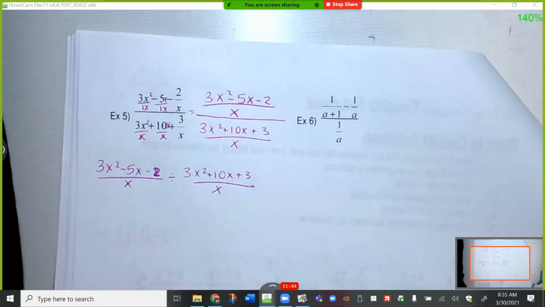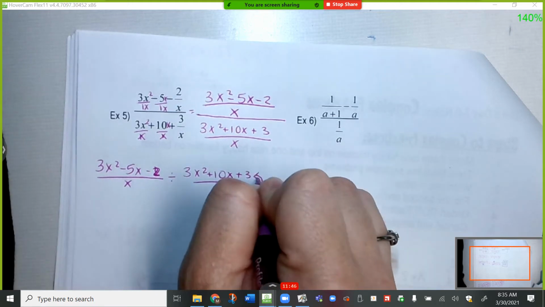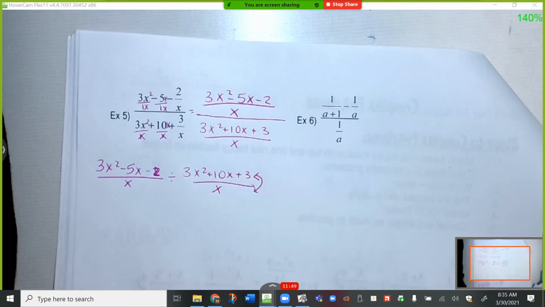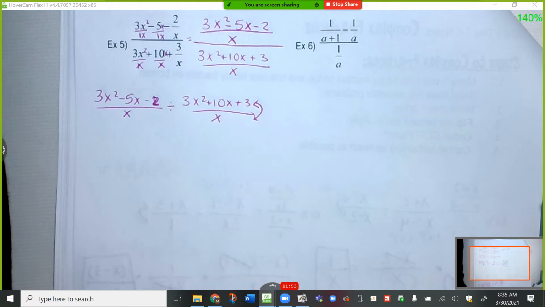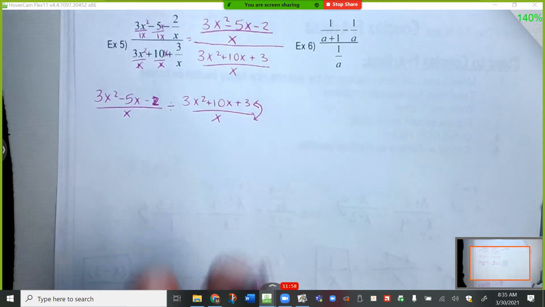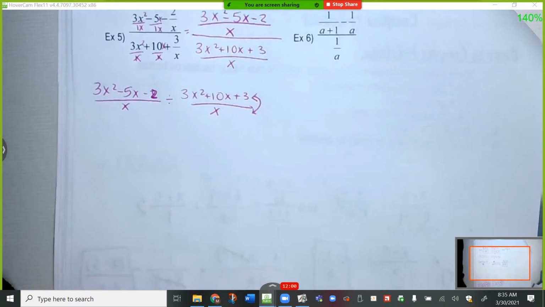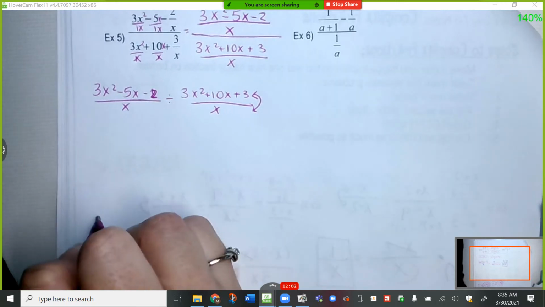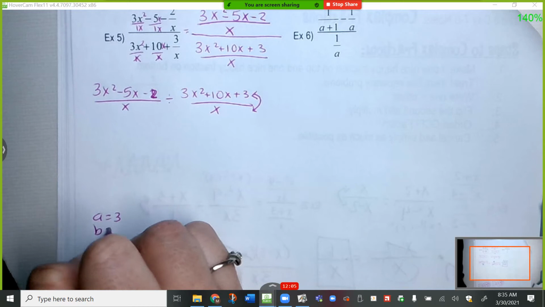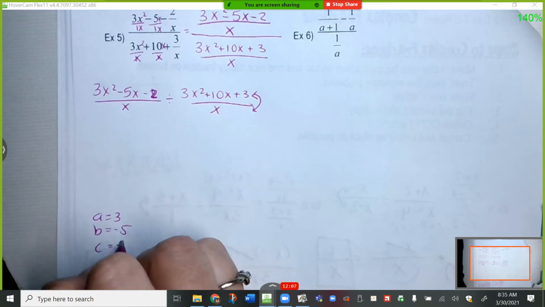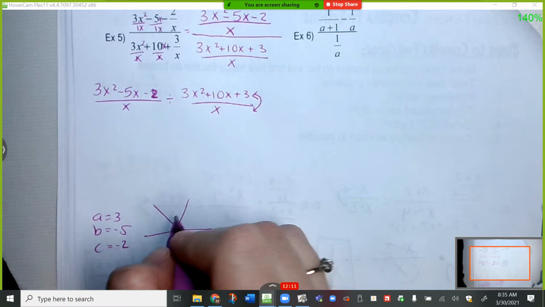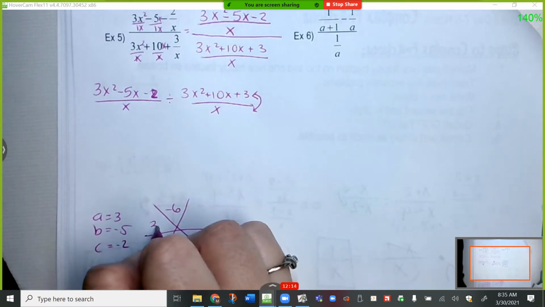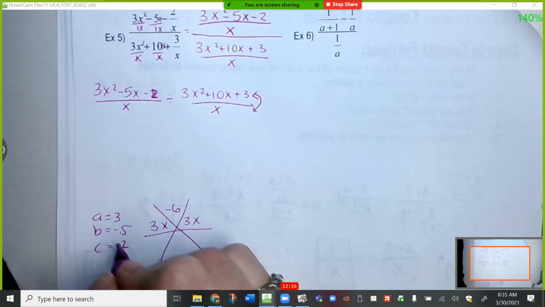And now, before I flip this, I'm going to factor the tops of those. How would I factor the tops of those? Well, how many terms are there? 3, so I'm going to do the snowflake. So I get A is 3, B is negative 5, C is negative 2. 3 times negative 2 is negative 6. A is 3, and B is negative 5.